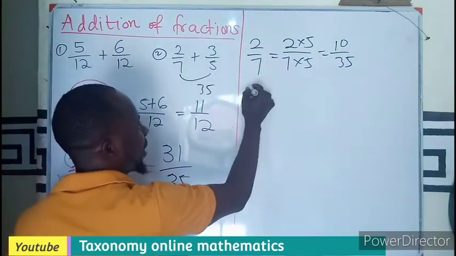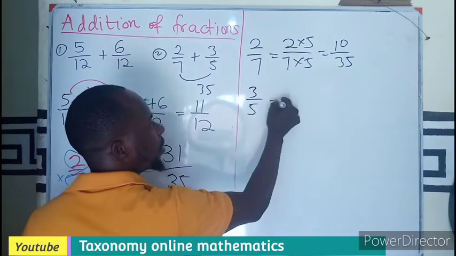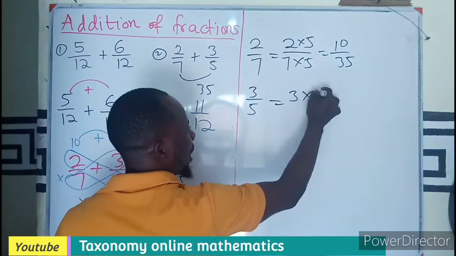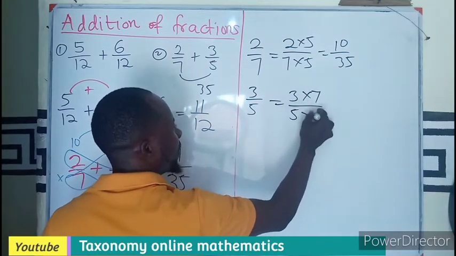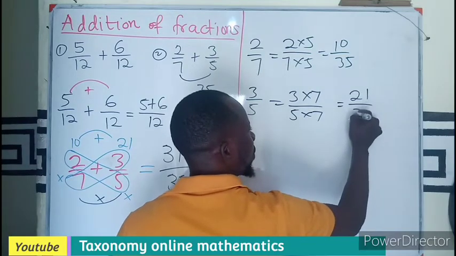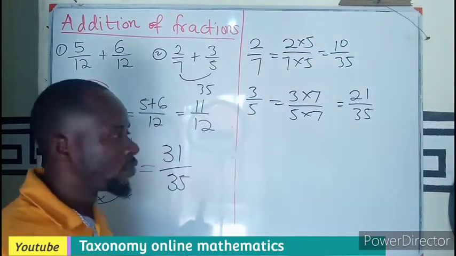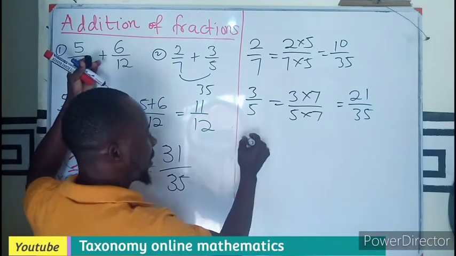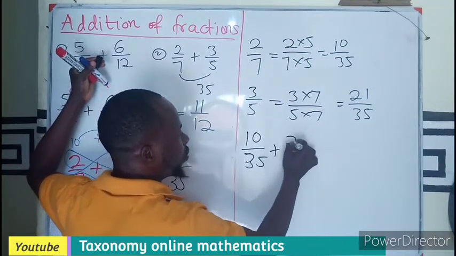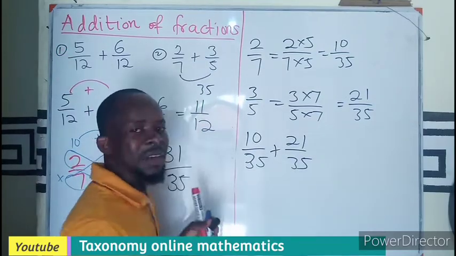Take the second fraction. If 5 goes here, it will be 7. So times 7. 5 times 7, 35. So 21 over 35. So now do we see the same common denominator? 10 over 35 plus 21 over 35.